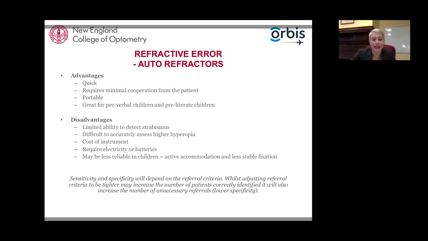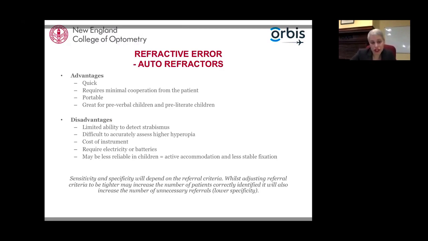So if you can't get that visual acuity response, it gives you at least a starting point of what this child's refractive error is. Disadvantages is it's a limited ability to detect strabismus and higher hyperopia in some of them. So there's been a few studies out there that says that they haven't been quite as accurate in some cases. The cost of the instrument, these autorefractors can cost quite a bit.